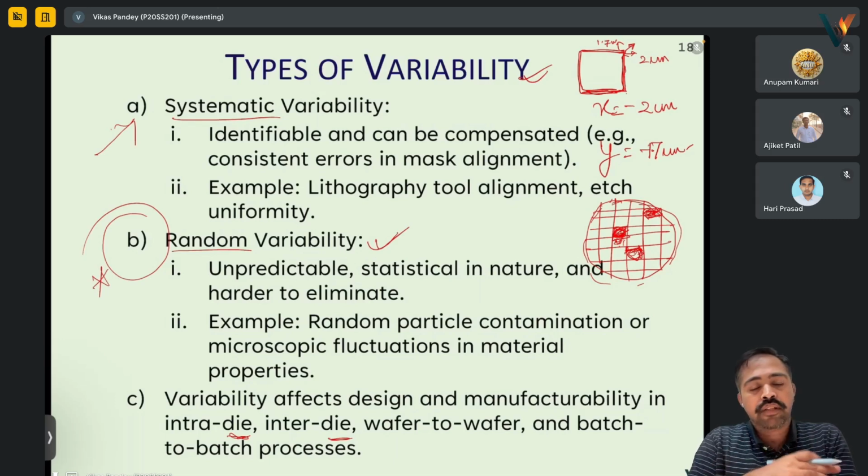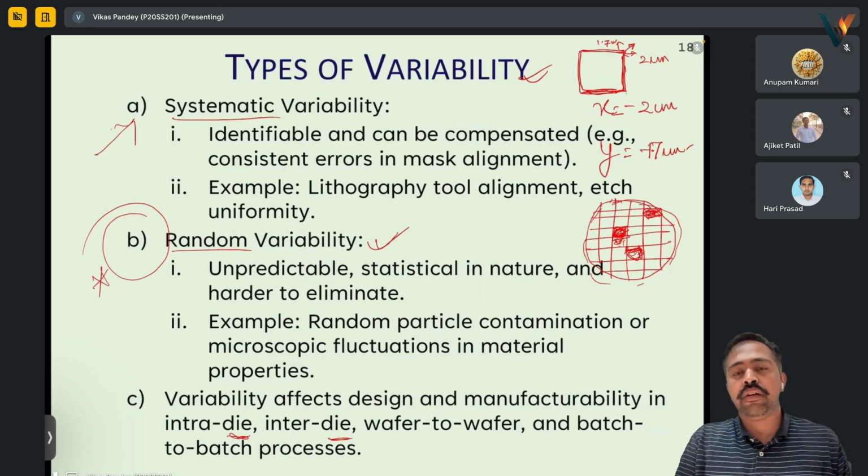It once happened with me that I was depositing some dielectric on my wafers. Every time I was getting good, same results. But the same system is used by different people.